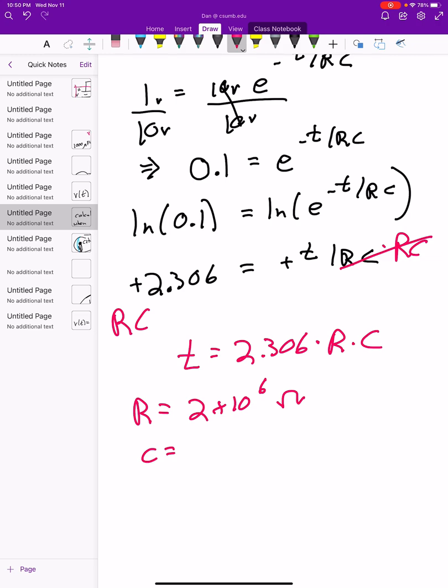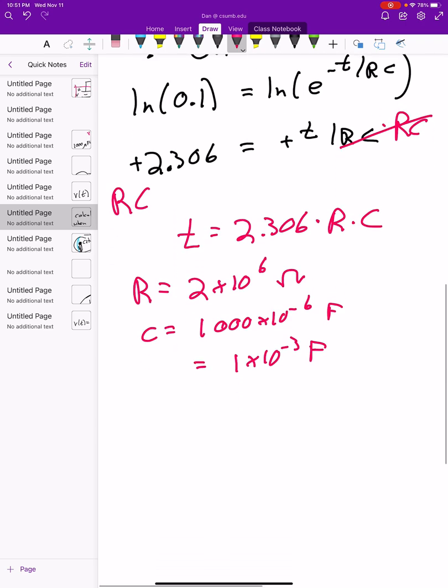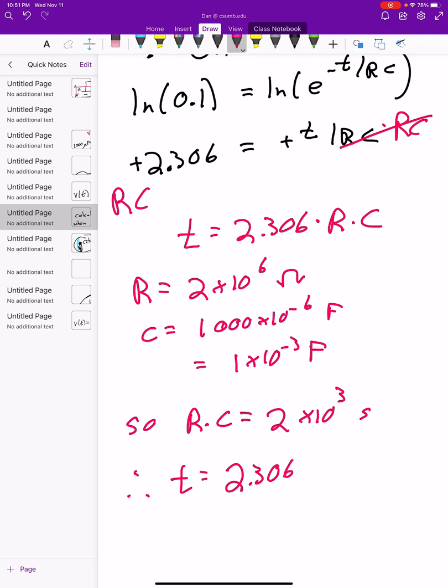C is 1,000 microfarads, which is 1,000 times 10 to the minus 6 farads, or 1 times 10 to the minus 3 farads. So R times C is equal to 2 times 10 to the 3rd seconds, or 2,000 seconds.